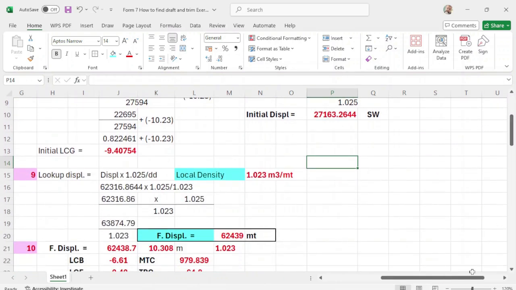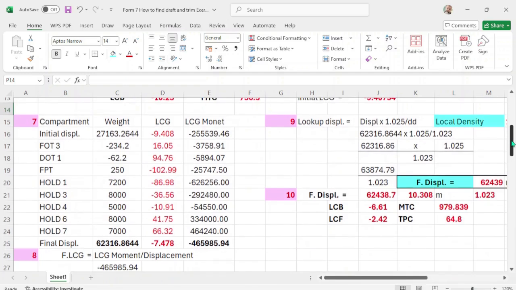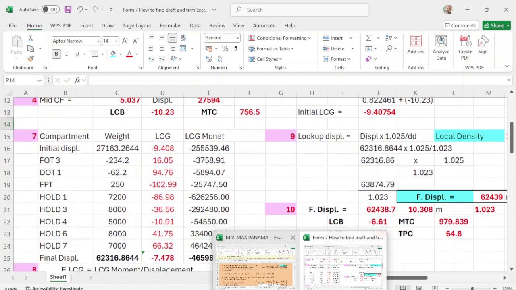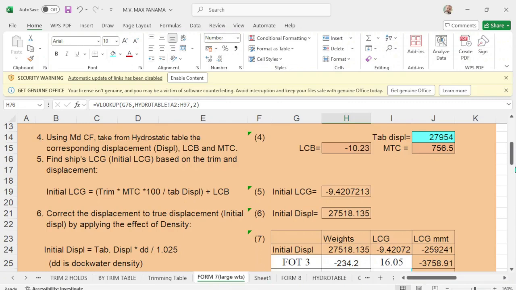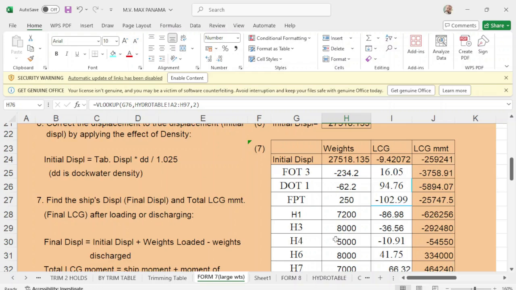Okay, we go to number 7, which is this one. So this is number 7 now. I still use the same weights that we had in the last video presentation: the weights, the LCG, and the LCG moment.